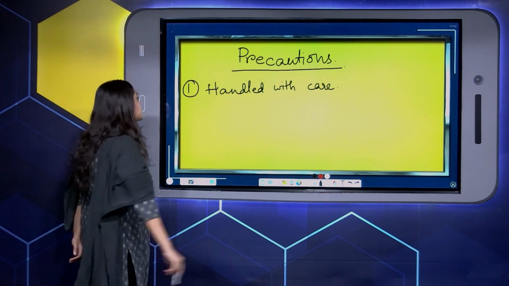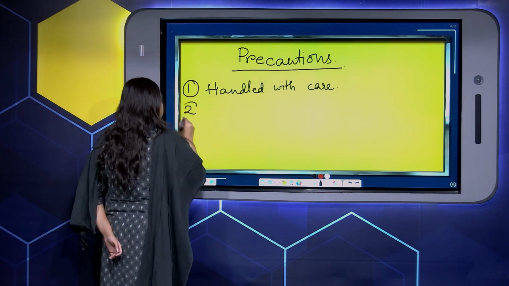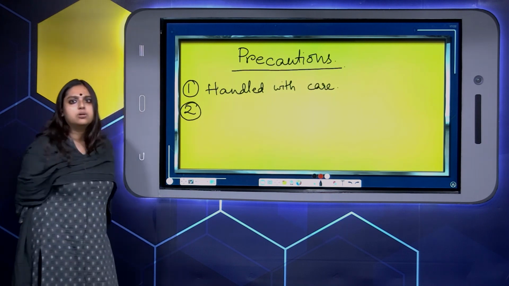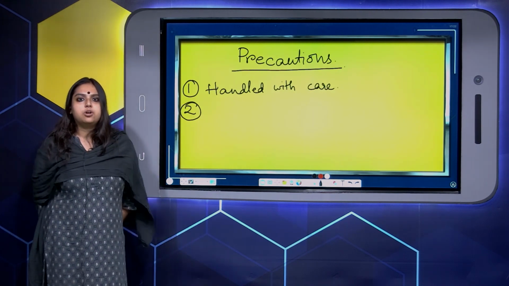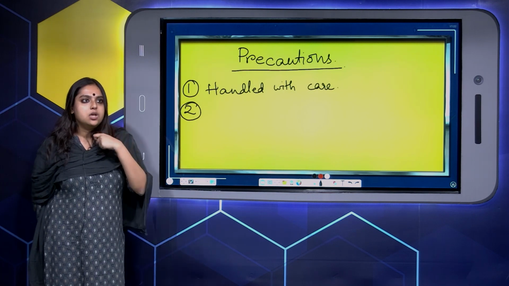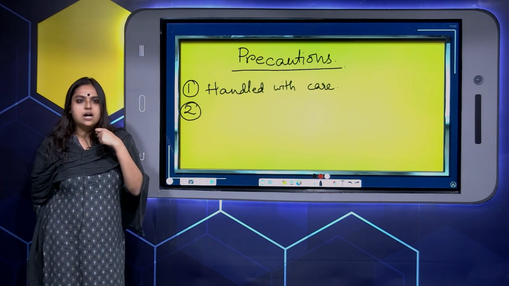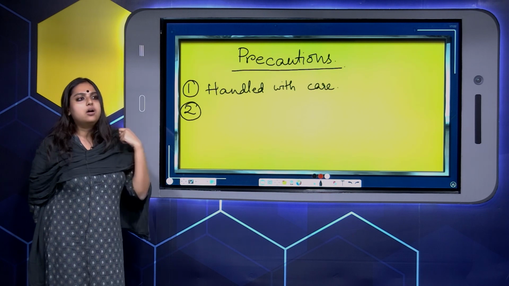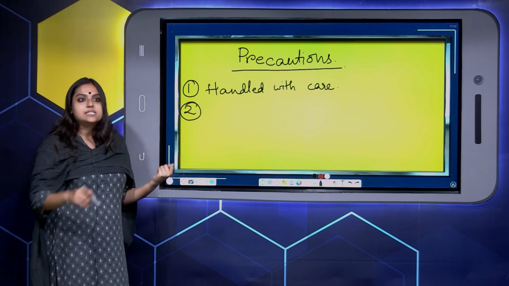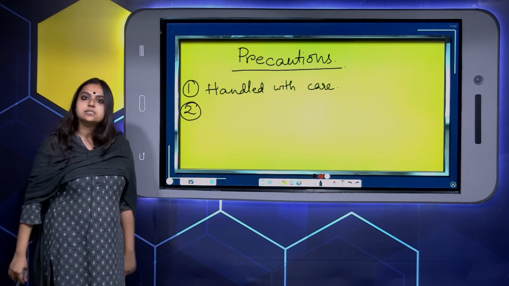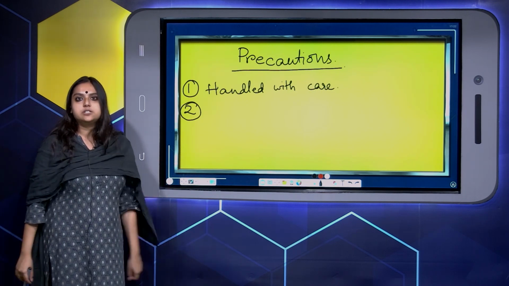Next, what is the other point? You know how a thermometer is used for measuring body temperature. It is either put inside the mouth and under the tongue, or it's used inside an armpit. So, several people are using this same thermometer.